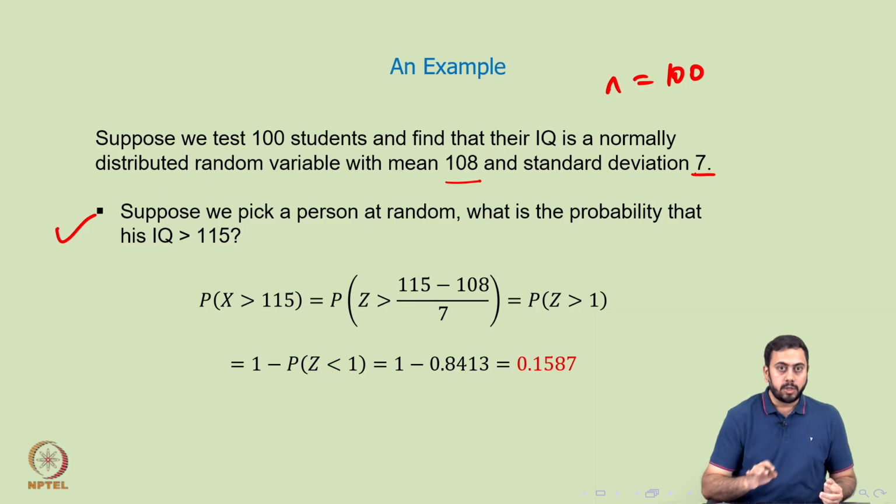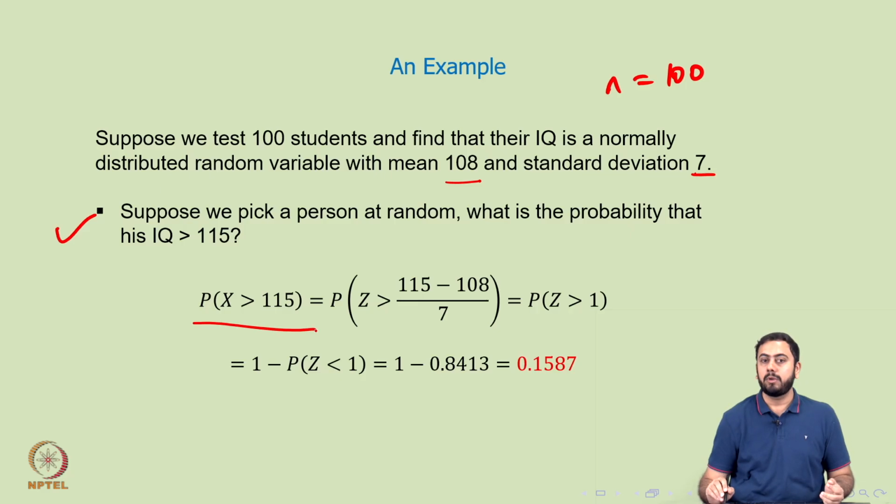So how do you start this? We want to find the probability that X exceeds 115. Very importantly, the first step should always be to standardize, on both sides. You subtract the mean and divide by the standard deviation. Here the mean is 108 and the standard deviation is 7. So this becomes the probability that Z exceeds (115 minus 108) divided by 7, which reduces to the probability that Z exceeds 1. Now remember what kind of Z table we have: it shows CDF values.